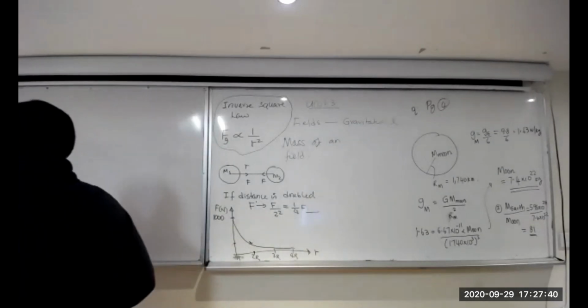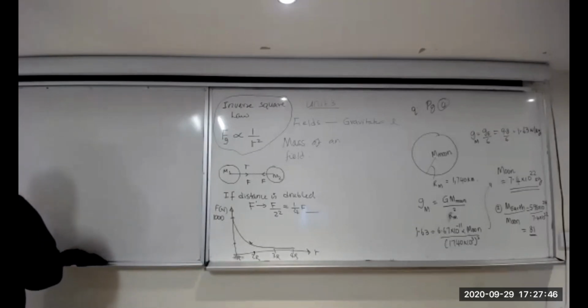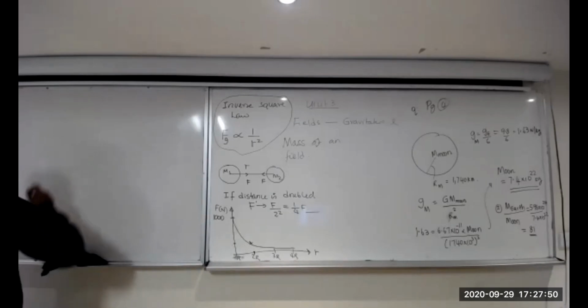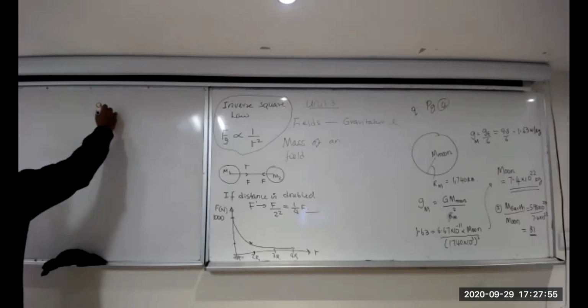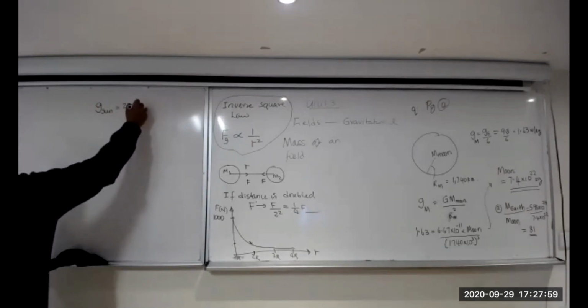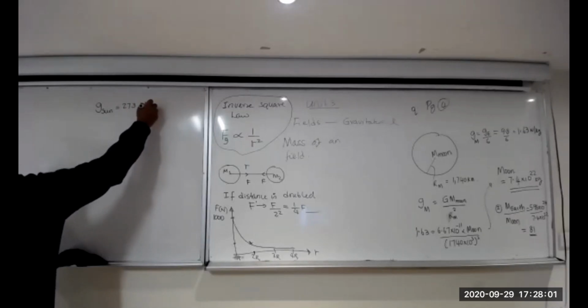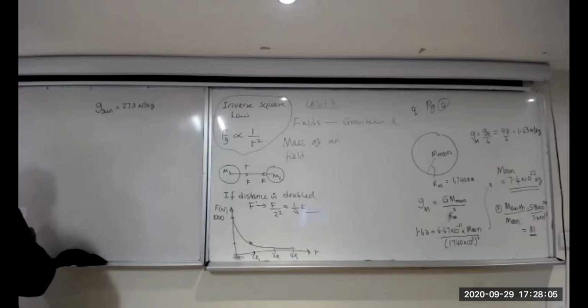So they're talking about the diameter toward the end of the life, using Newton's law, considering our sun. The gravitational field strength of our sun is, they say, 273 newtons per kilogram.